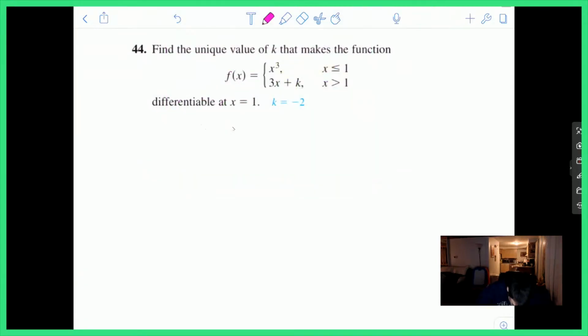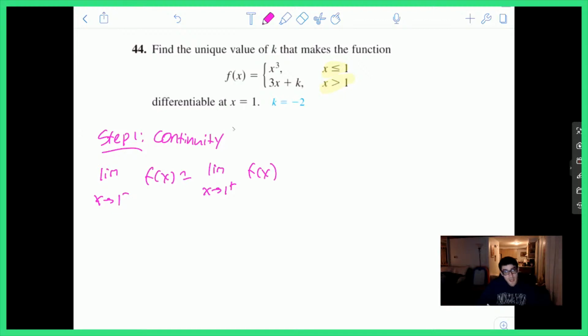Okay. Step one is always continuity. So continuity states that the limit as x approaches 1 from the left of f of x equals the limit as x approaches 1 from the right of f of x. Okay, so let's go ahead and plug these in.